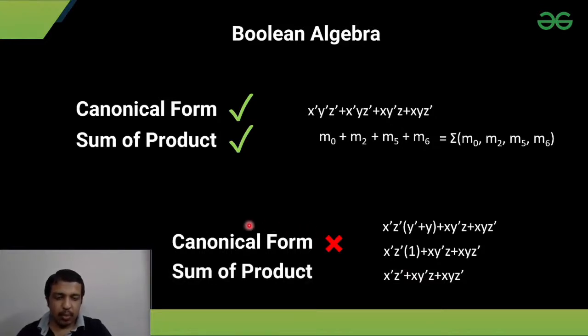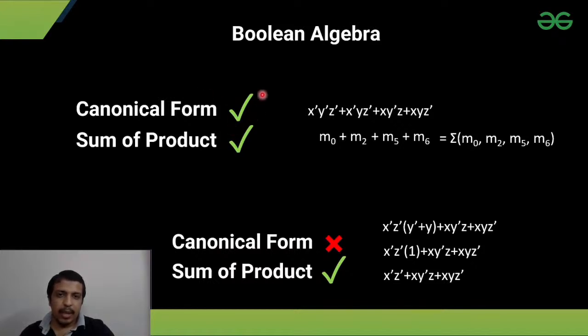But is this a sum of product form? Yes, this is also a sum of product form, because here we have a product, here also we have a product, here also we have a product, and we have the sum of all these three products. So this is not a canonical form, but this is still a sum of product form, while this is the canonical sum of product form.